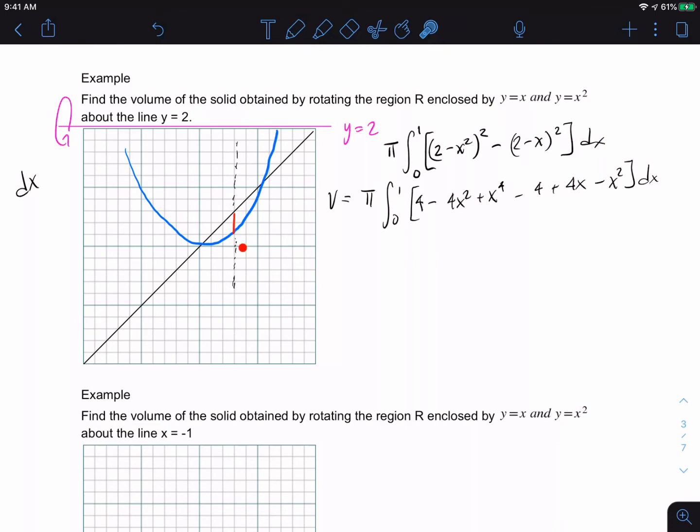But I have to bounce back up to the blue curve. So that means I have to go 2 minus the x squared function. And that's why my radius is that. Now for the other one, it's 2, and then I got to bounce back to x. So it's going to be 2 minus x. And that's going to give me this radius here. Does that help clarify it?